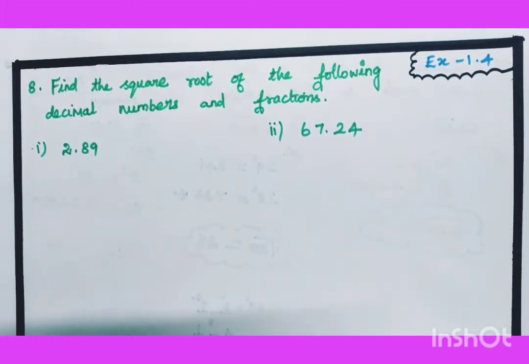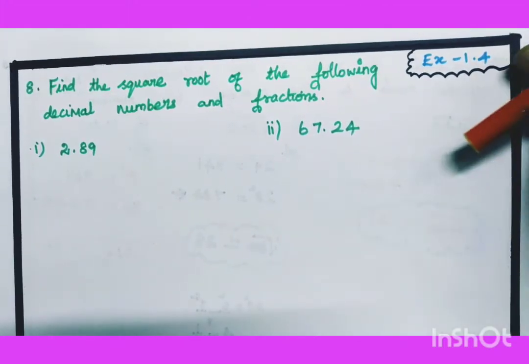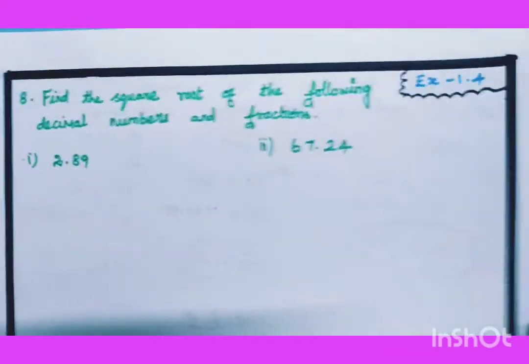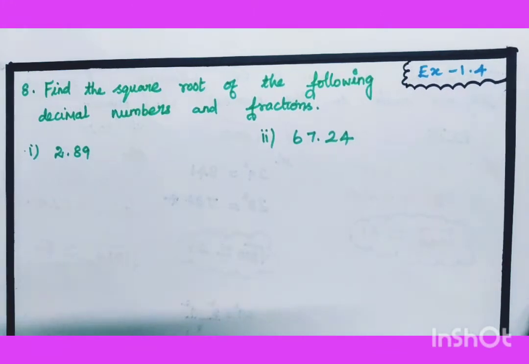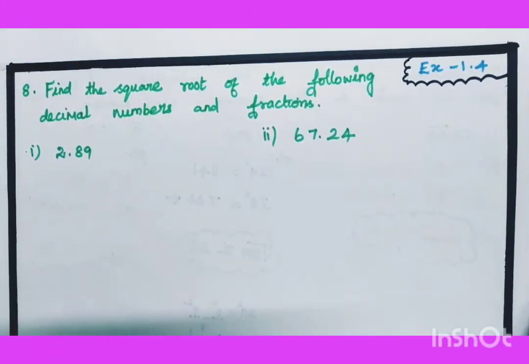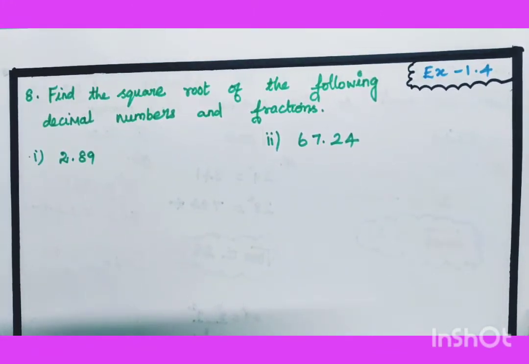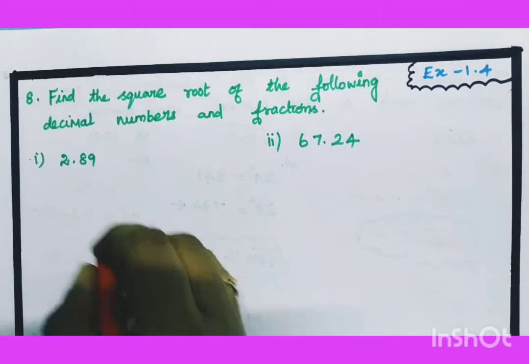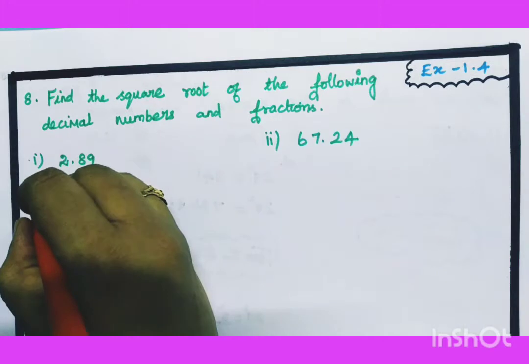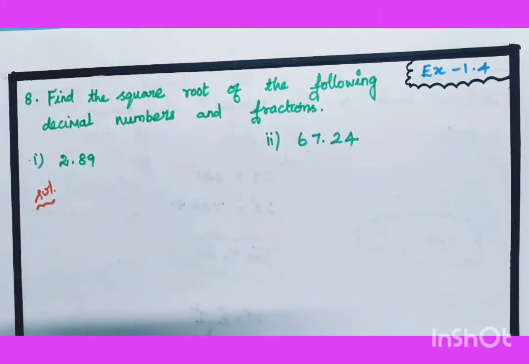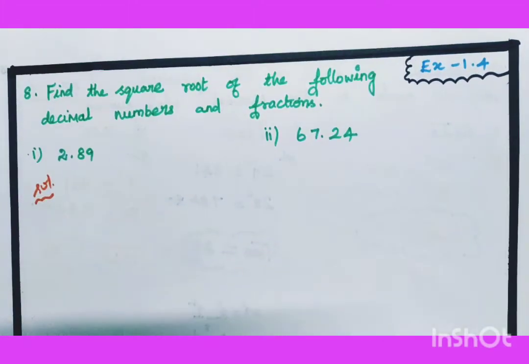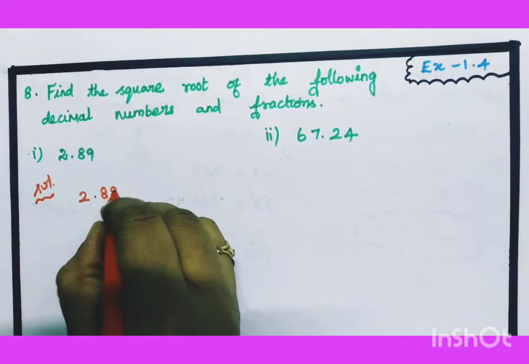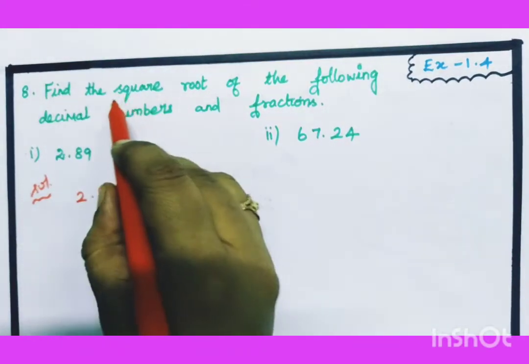So, see my children. The first question is 2.89. How to do it? We will do the first one as a solution. 2.89, they are asking the square root.